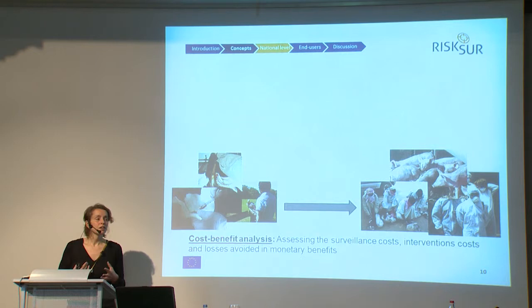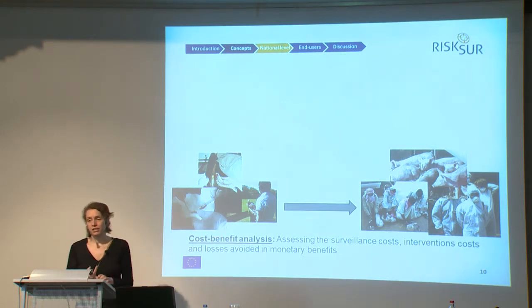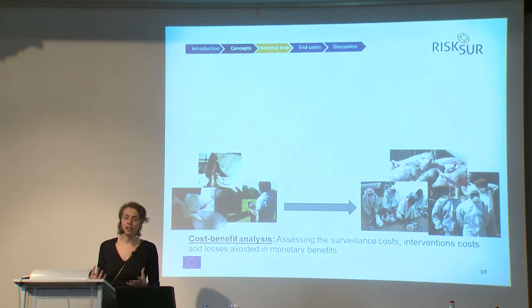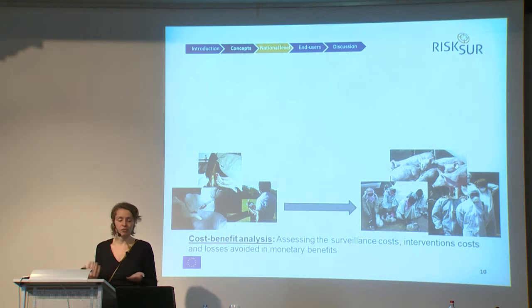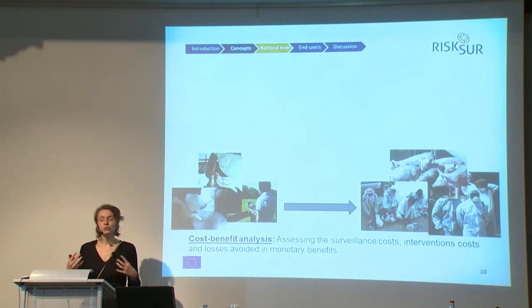So we're looking at what our loss avoidance is, what the surveillance costs are, what the intervention costs are, and in the end, do we have a net value for money expressed in monetary terms, for example, in pounds or euros. We know how to do that conceptually.